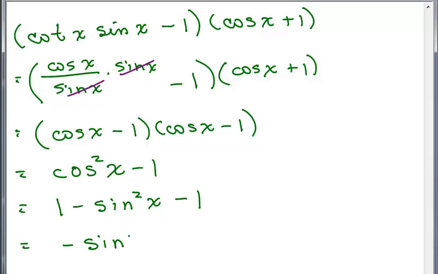So with this one, we just end up with negative sine squared x. It's easy to leave your answer as cosine squared x minus 1. It's just slightly more simplified maybe to think of that as negative sine squared x. The idea is that these are actually all equal to each other at each line. And it's not necessarily true that negative sine squared x is simplified, but you should note that they are really the same.